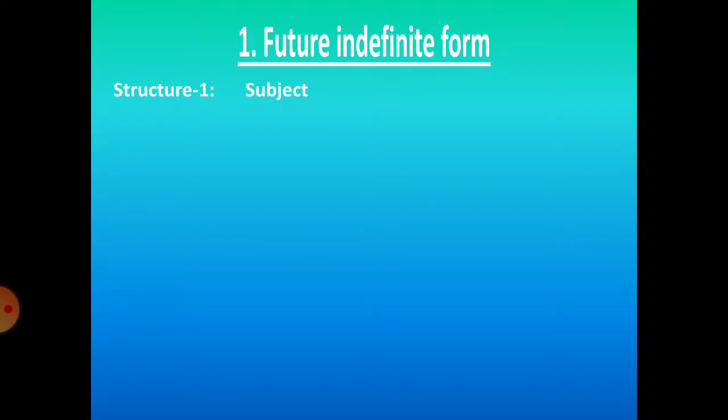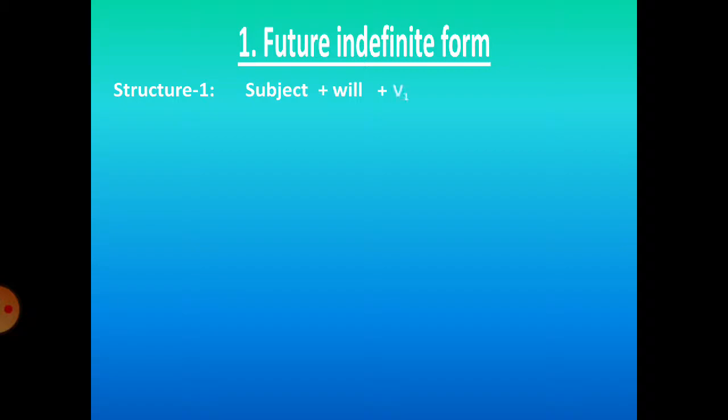Now come to the next slide. What do you see in the slide? Future indefinite form. Here is the structure of how we make a future indefinite sentence. First you will need the subject, then you have to put will or shall. Sometimes shall is used, but most of the time we use will.